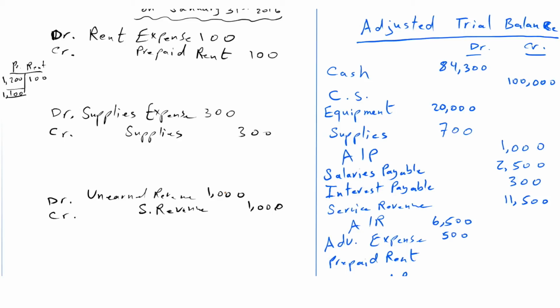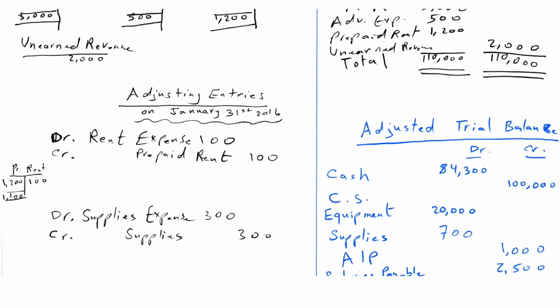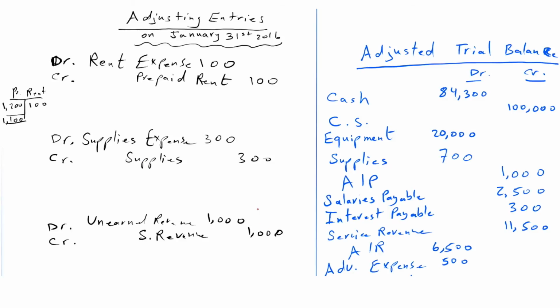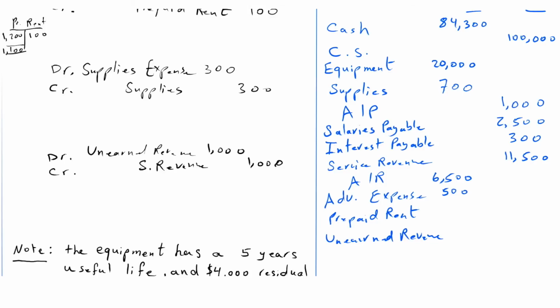Liabilities decrease with a debit. Okay, so 2,000 credit balance minus 1,000 will make it $1,000 remaining balance under the credit for the unearned revenue.